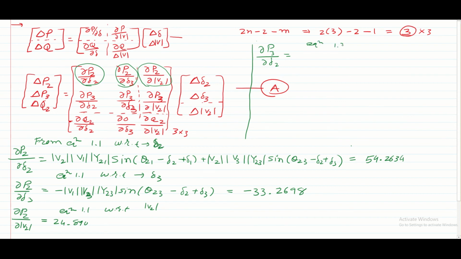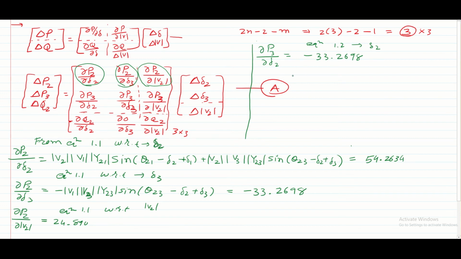So you will get the final answer as, yes, you all need to verify all the answers yourself. Okay. If you find any mistake, directly contact me. Okay. So in the same way we can calculate all the parameters of the Jacobian matrix.